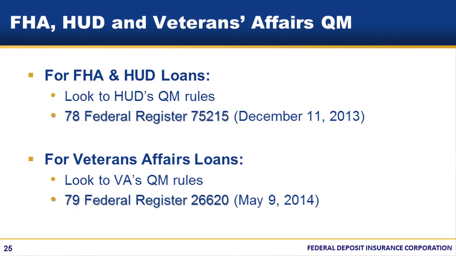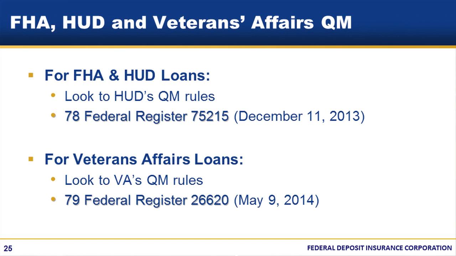If either of them does so in the future, you will use that agency's rule, not Regulation Z, to determine eligibility. If these agencies have not issued their own rules by January 10, 2021, their eligibility for QM status will also expire then. Finally, HUD and the Department of Veteran Affairs were also given authority to write their own QM rules.